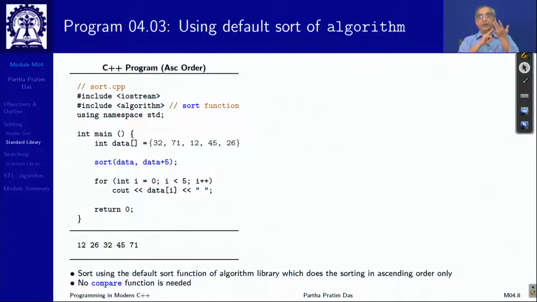So, for predefined types, built-in types and for ascending order, you do not even need to specify the compare function to be passed as the function pointer. If you want to use it for user defined types, or for some other order, you will have to write the compare function for yourself.